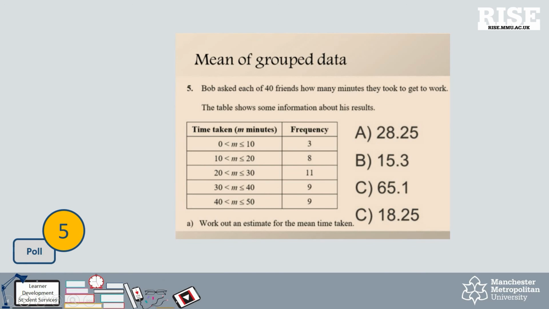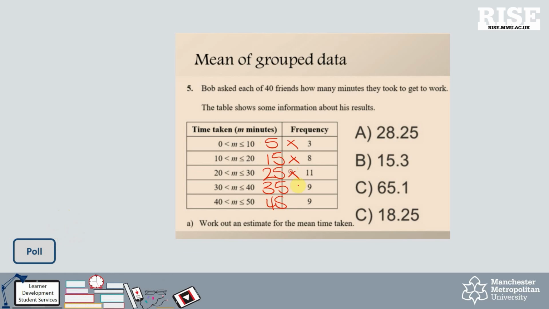Have a go then at finding the mean of this grouped data. Okay, the midpoints I get for these then are as follows: 5, 15, 25, 35, and 45.